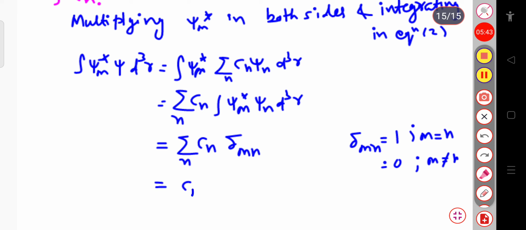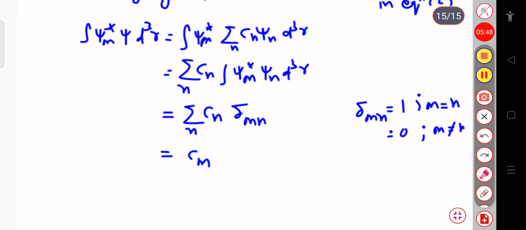If I consider m equal to n, then this is Cm. So the integration over psi m star psi d tau will be equal to Cm.